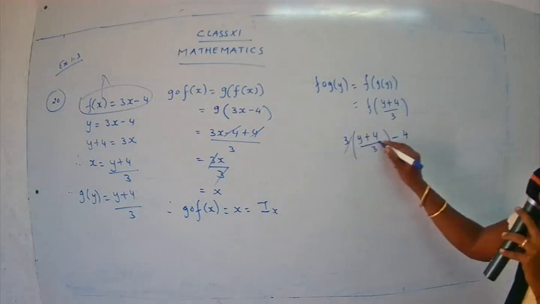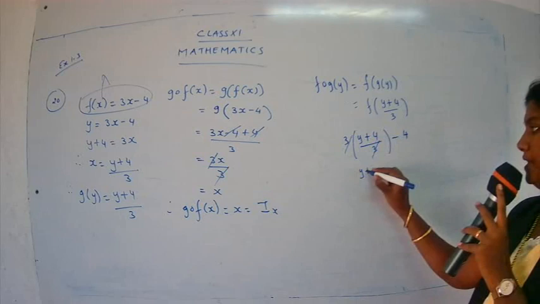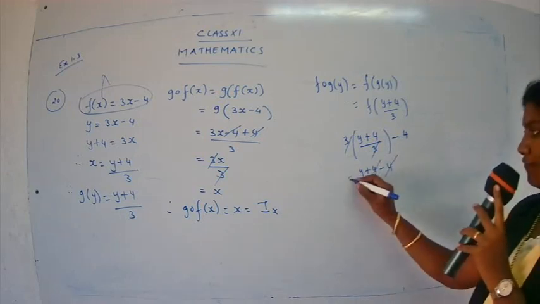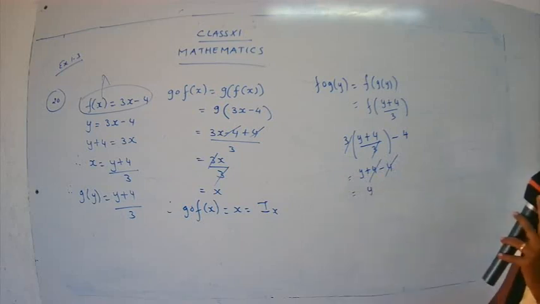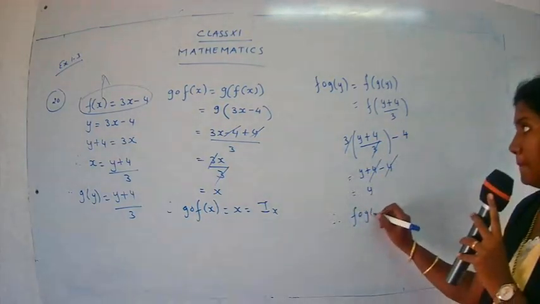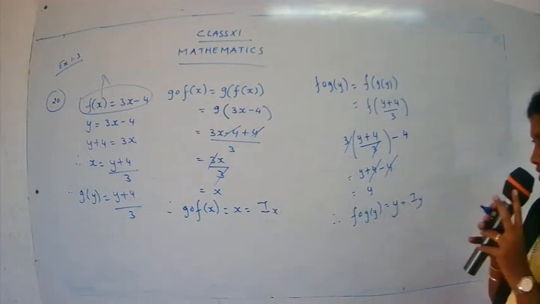Okay, so 3 and 3 get cancelled. What is left here? y plus 4 minus 4. 4 goes off and you get the answer as y. Therefore, F O G Y is equal to y, that is I y.